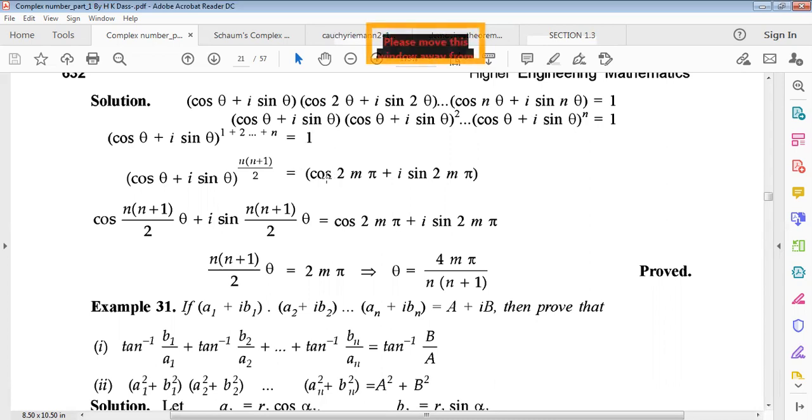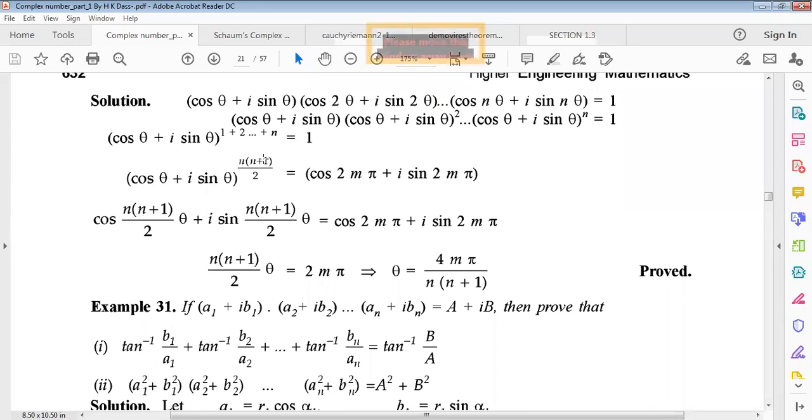Now this one can be written as cos 2m pi + i sin 2m pi, according to the properties of trigonometric solutions. Remember, sin 2m pi equals 0, but cos 2m pi equals 1.